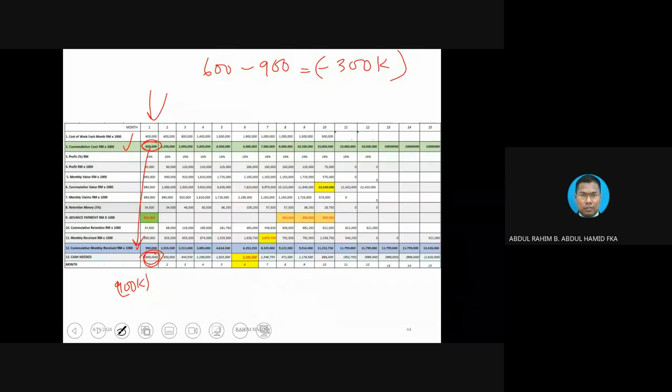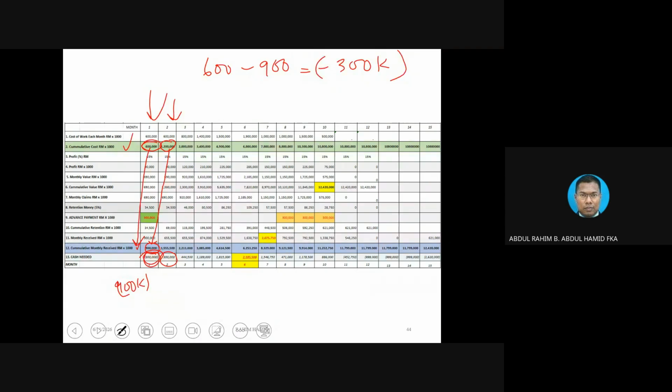Okay. And on the second month, I take 1.2 million minus here 900,000 also. Okay, because on the first month I don't have any other money coming other than 900,000. I get this amount. 300, meaning to say now I require money.